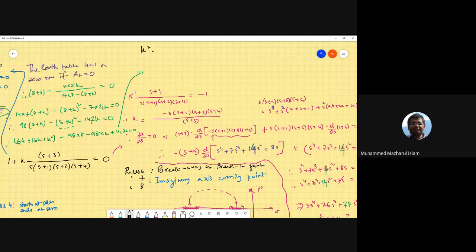K square কত হয় বলেন তো? 16k minus 98 plus 147 কত হয়? ক্যালকুলেট করে আমাকে একটু বলেন। 65k, and then we have 64 and minus 98 into 8. এটা একটু ক্যালকুলেট করে বলেন কত হয়?